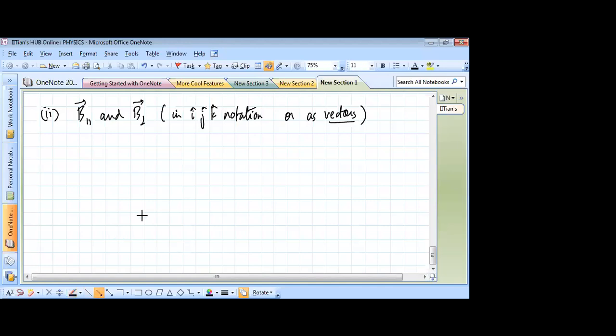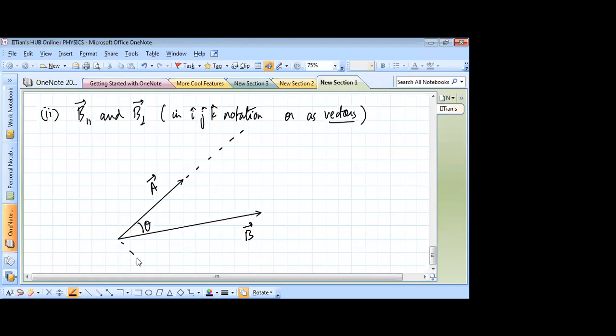So let's first understand again what we are doing. If this is the vector E and this is the vector B, now this time along E's direction we have to find. So this is E's direction. This is the line along which E is lying.